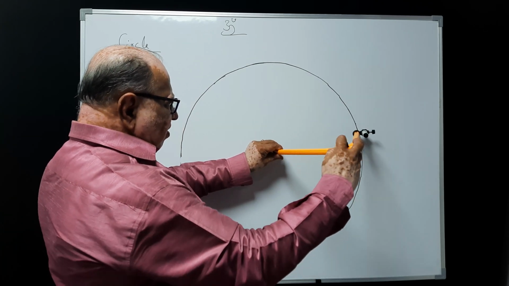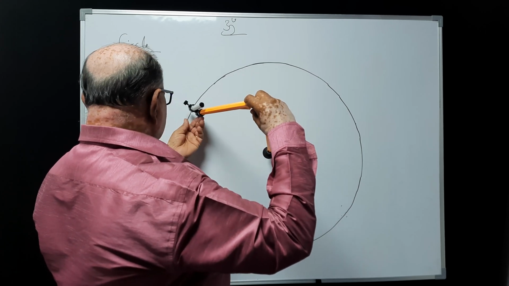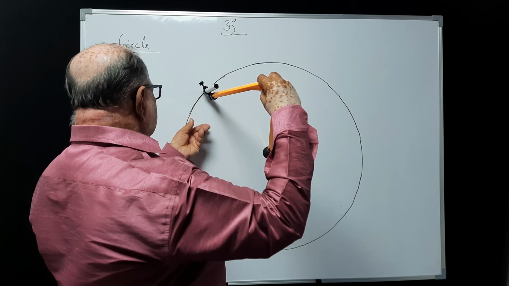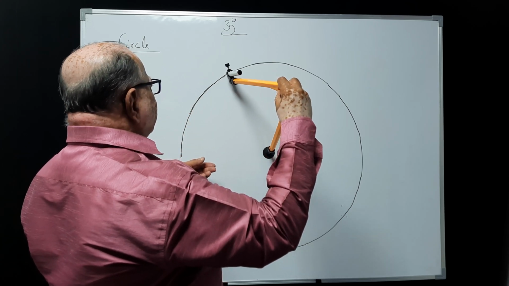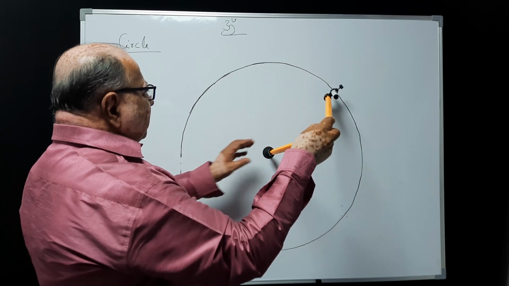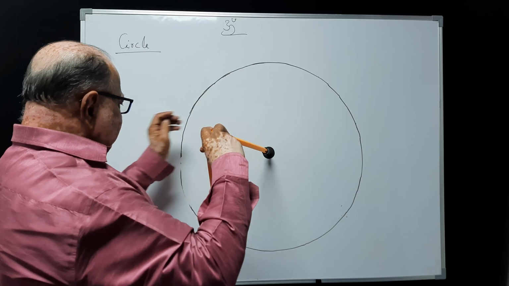First we draw a small arc, like this. And this arc we complete later. We make it a complete arc like this. When you complete this arc, it becomes a circle.